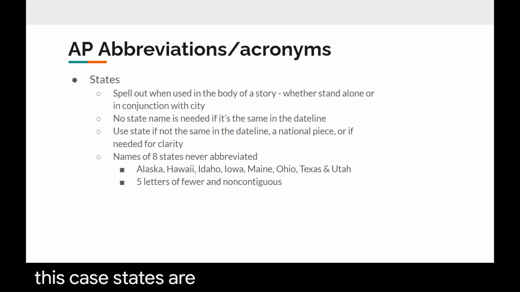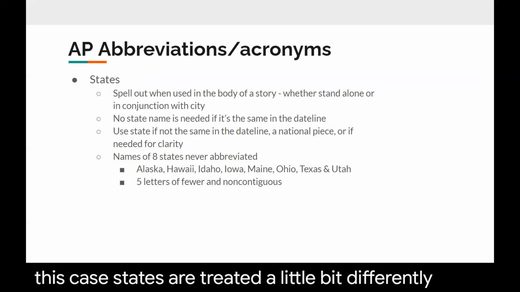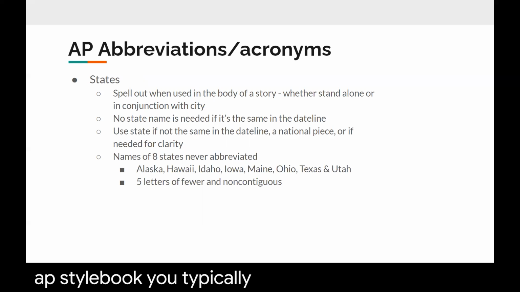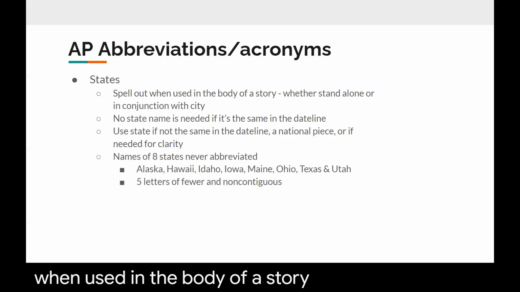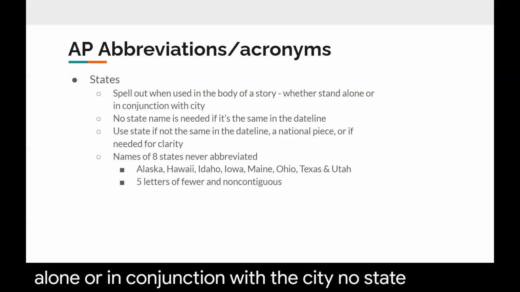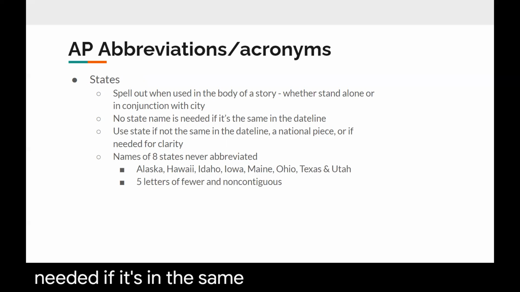States are treated a little bit differently with AP Style Book. You typically spell out the entire state when used in the body of a story, whether it's standalone or in conjunction with the city. No state name is needed if it's in the same state as the dateline.